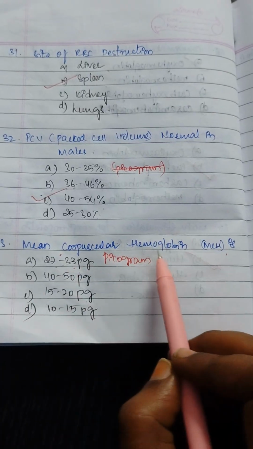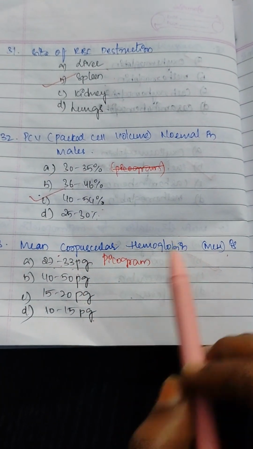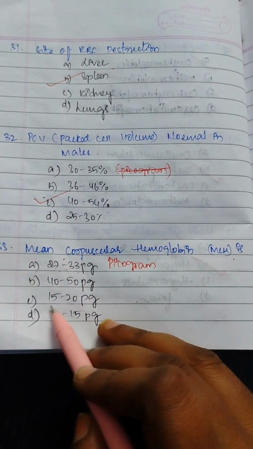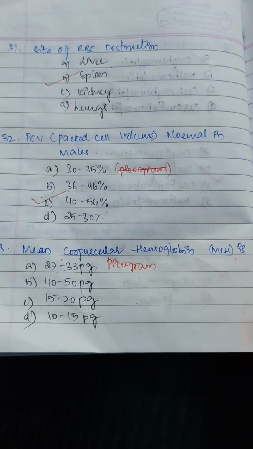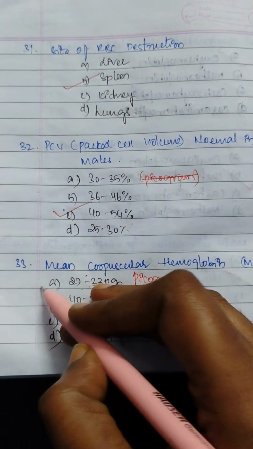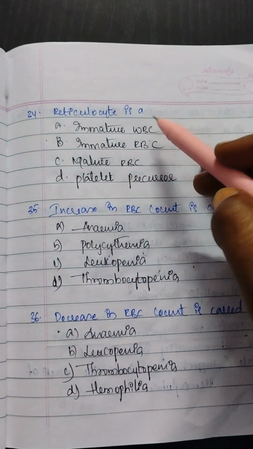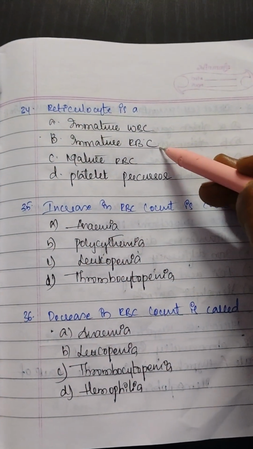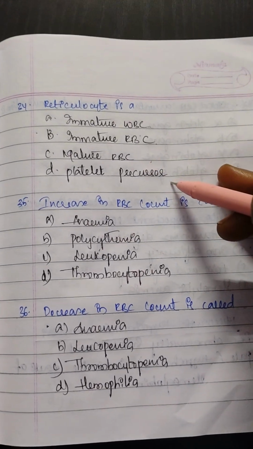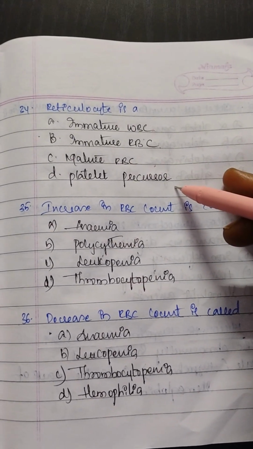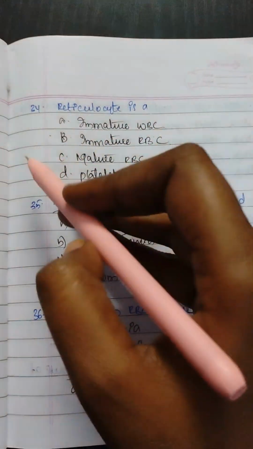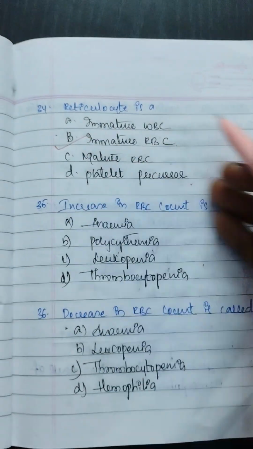The answer is A, 27 to 33 picogram. The next question: what is meant by reticulocyte? Immature WBC, immature RBC, mature RBC, platelet precursor. And the answer is immature RBC, called reticulocyte.